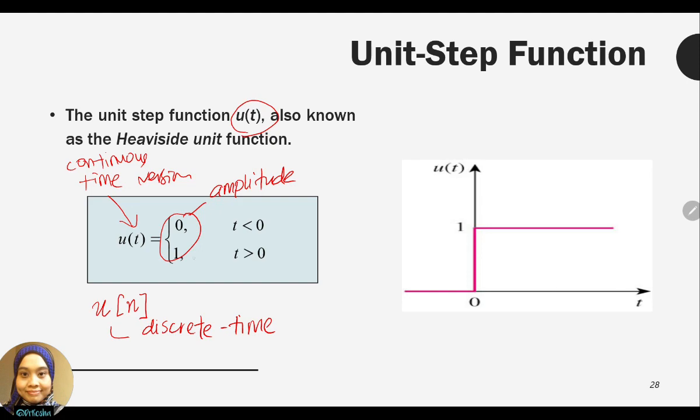If you see over here, there are two conditions of amplitude, whereby the amplitude is zero when t is less than 0. Sorry, so this is the area where t is less than 0, and when t is more than 0, the amplitude is at the value 1. Okay, that is the unit step function.